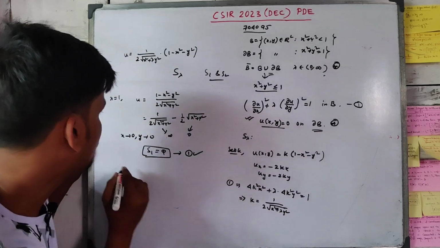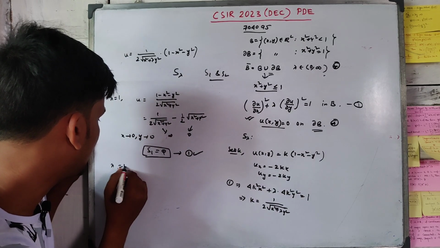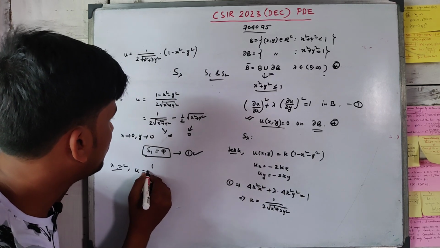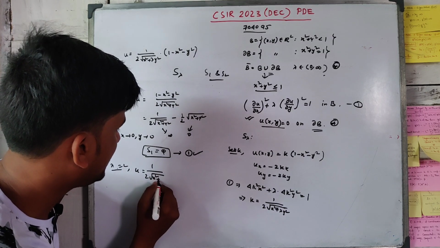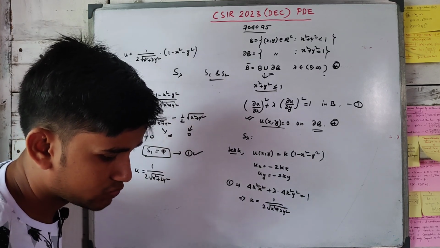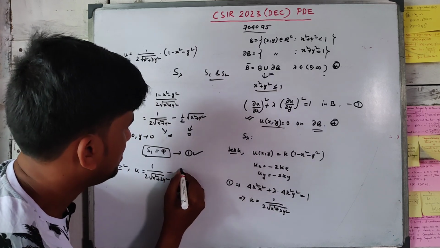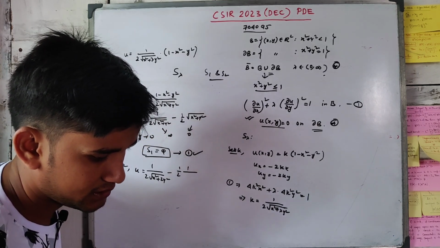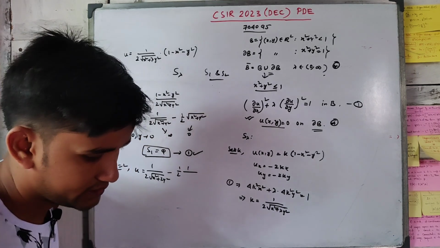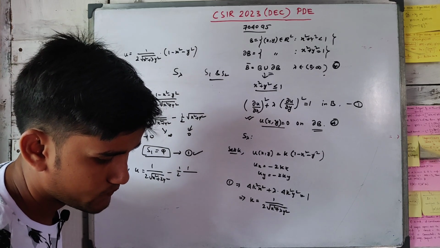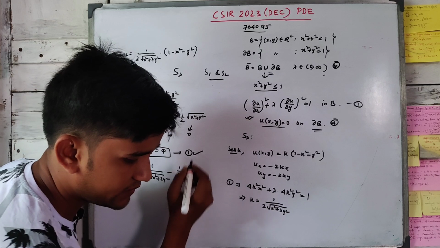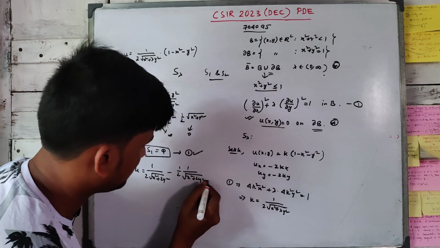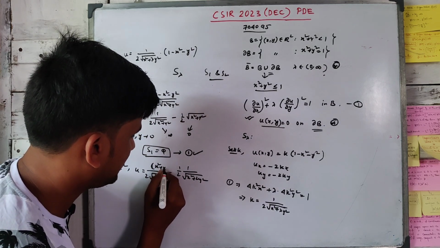Okay, now option 2, S2. For lambda equal to 2, again we get u equal to 1 by 2 root under x square plus 2y square, minus 1 by 2 into root over x square plus 2y square, and I think here also the x square plus y square term is present.